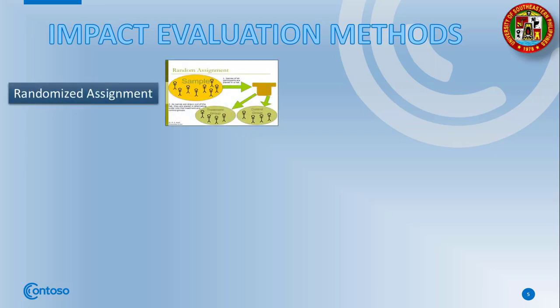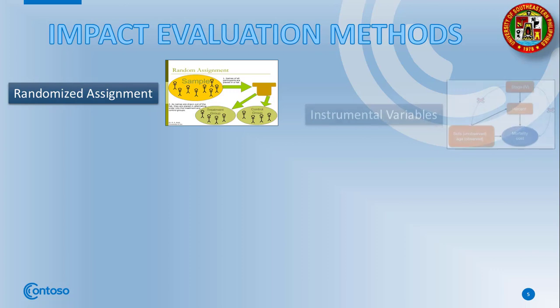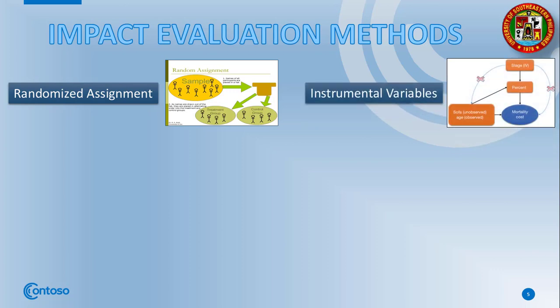What do you mean by randomized assignment as a method? Each eligible unit has the same probability of being selected for treatment, ensuring equivalence between the treatment and comparison groups in both observed and unobserved characteristics. Instrumental variables is a method that relies on some external source of variation to determine treatment status.